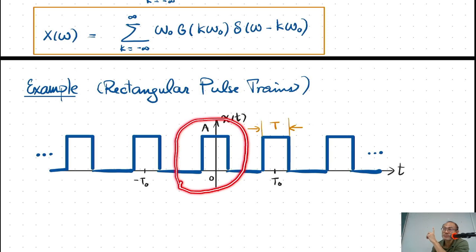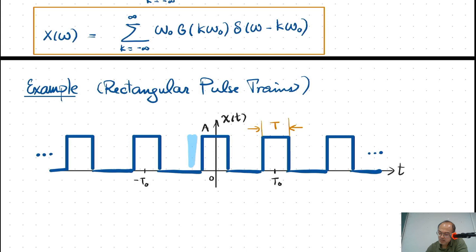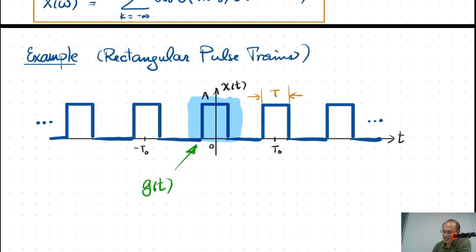So this is the generating pulse, and this is g of t, because we're putting g of t every t0 time units. So g of t is given by A times rect of t over big T, because the width is big T and the height is A. So this is a rectangular pulse.